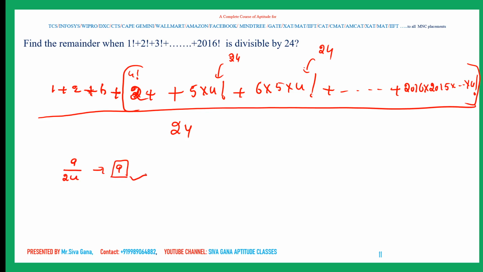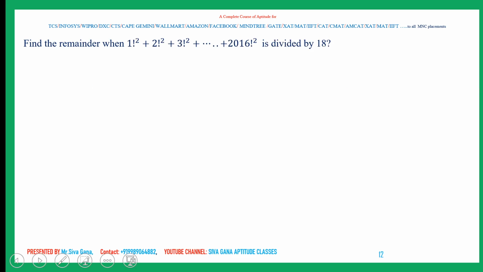This is also a previously asked question. Next, 1 factorial square plus 2 factorial square plus 3 factorial square. Now here the squares are given. No need to worry, no need to panic.